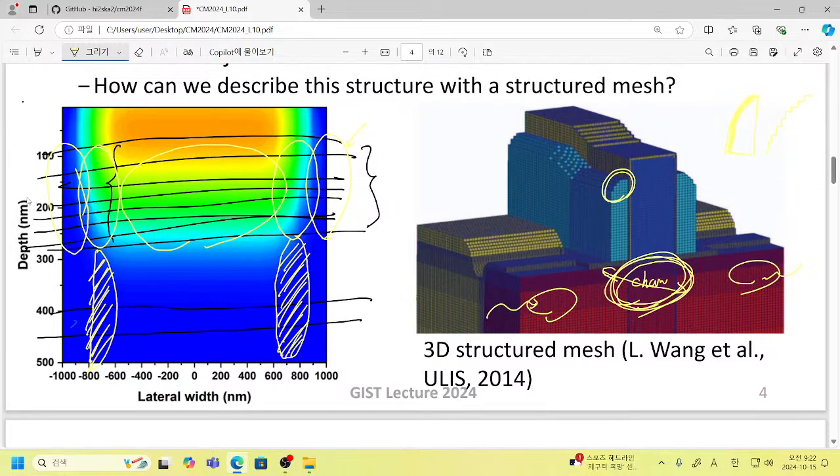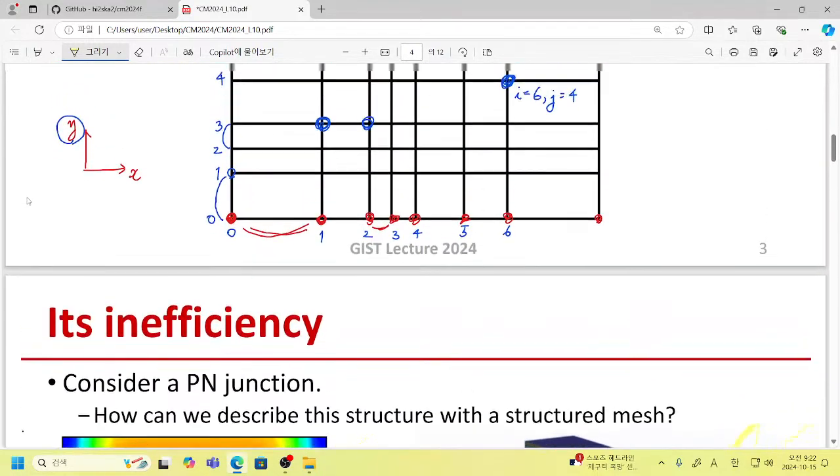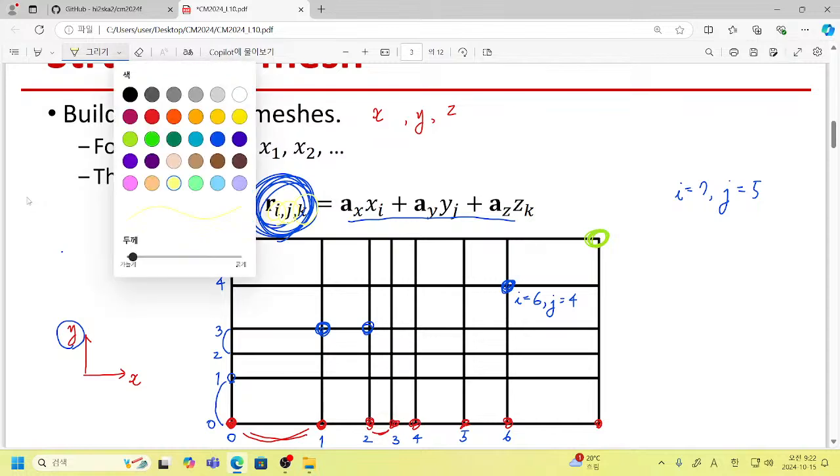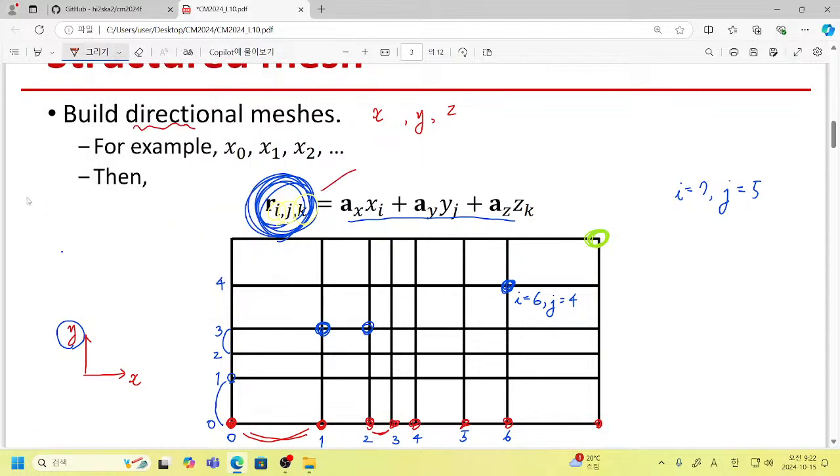Then what is the advantage of our structured mesh? Of course, it is quite easy to consider. Indexing is quite easy. Although we have a quite complicated three-dimensional structure, a triplet I, J, K, these three numbers are just sufficient to point out a point inside our system.